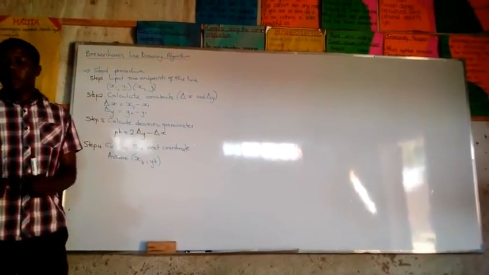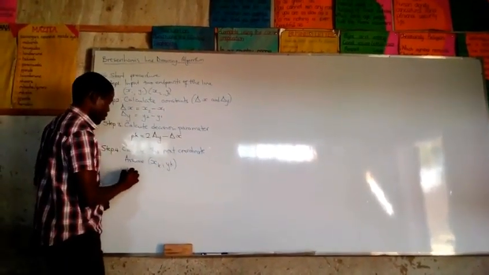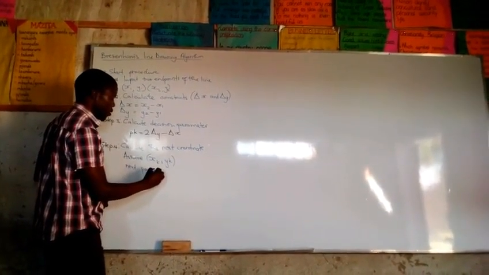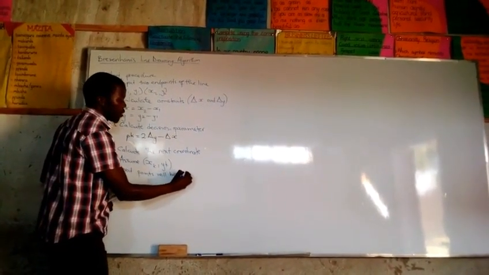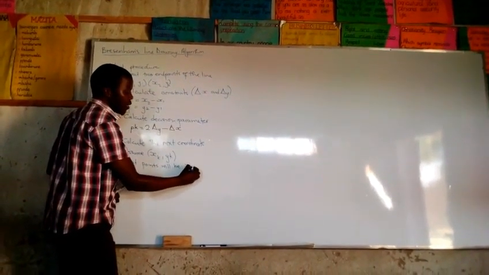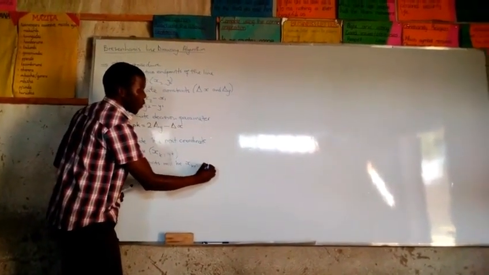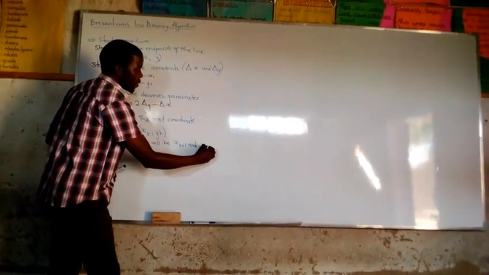So the next points will be, for x, xk plus 1, and for y, yk plus 1.